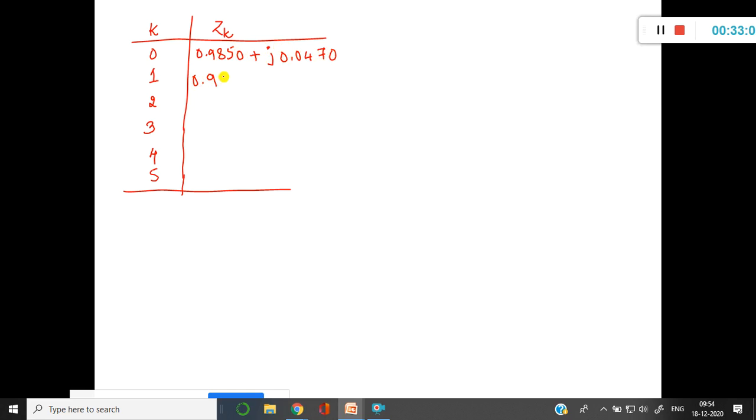And another value, 0.9647 plus j times 0.0330, and another one is 0.9538 plus j times 0.0117. So definitely this will be the complex conjugate of the second pole, and the fourth one will be the complex conjugate of the first pole, and this will be the complex conjugate of the zeroth pole. Okay, that's it.